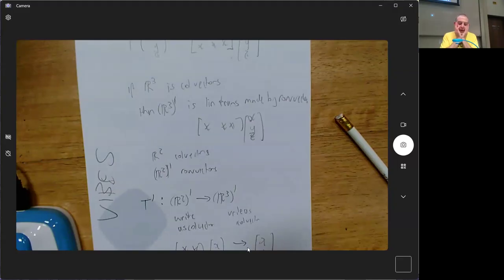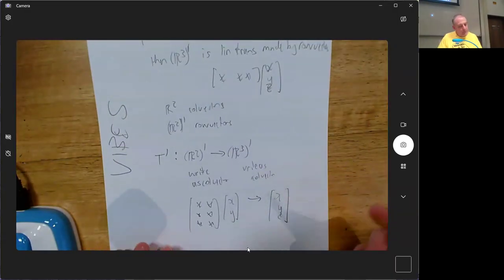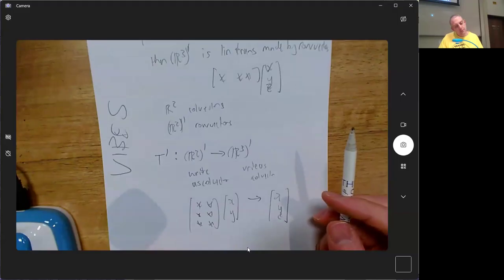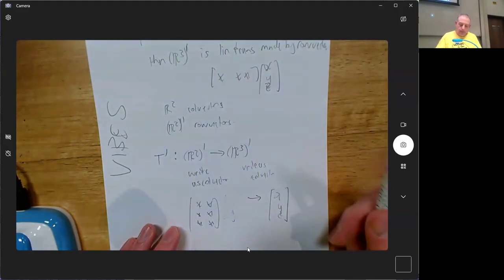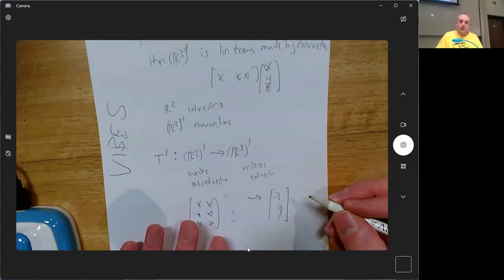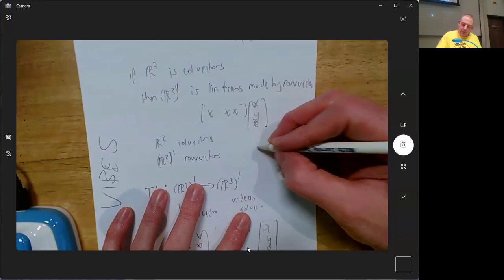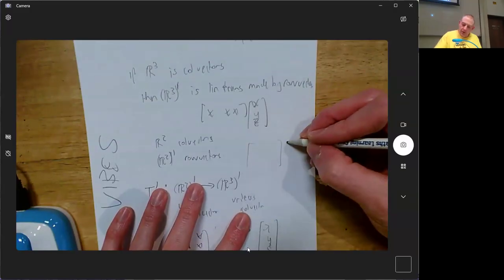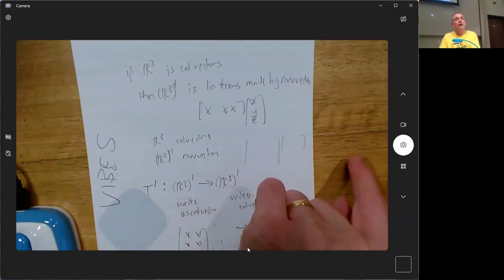So yeah, a linear transformation made by a row vector. You know that if you wanted a linear transformation that acted on a row vector with 2 rows, you'd need it on the other side, right?